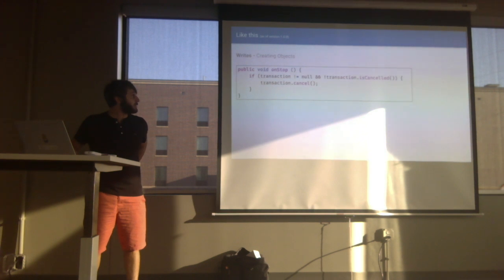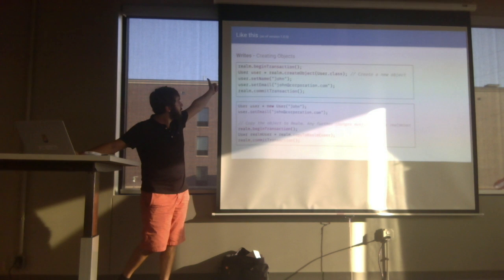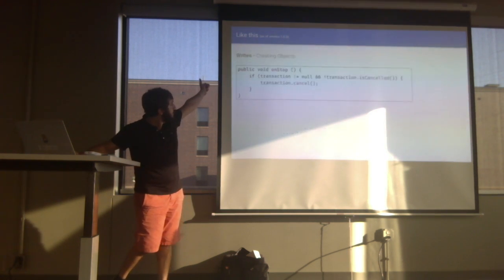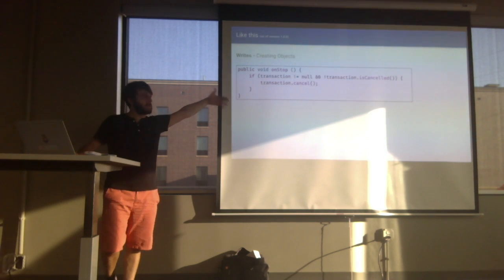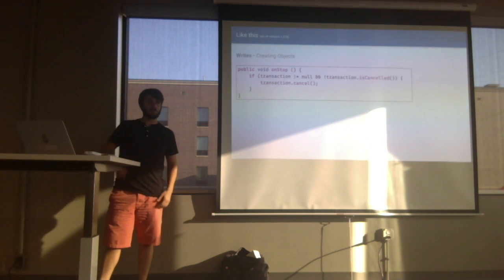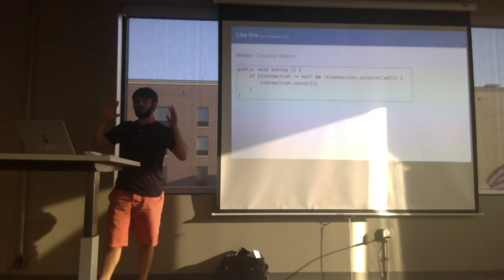Another important thing is here we created a transaction. You can see if the transaction is cancelled or not. If it is not cancelled, you can cancel it. This is really important. This is one of the biggest problems we have in Android. You make a call to a server to get some data.